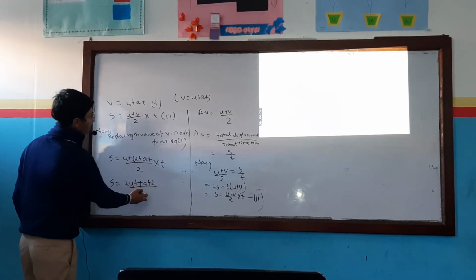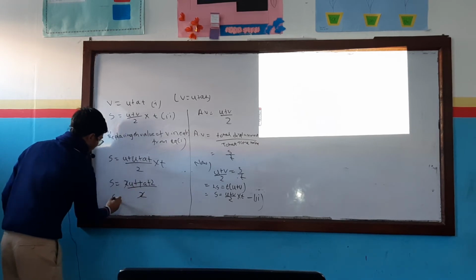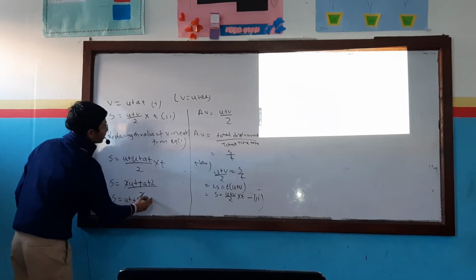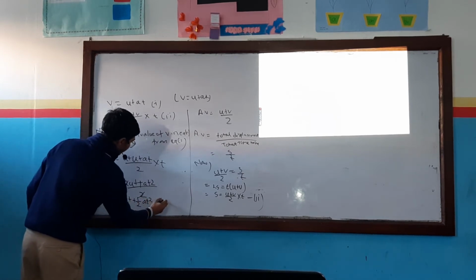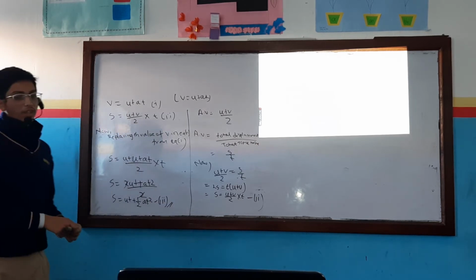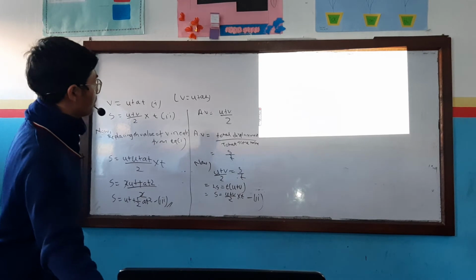Now these two will be cancelled, then s is equal to ut plus 1/2 at square. This is our third equation of motion.